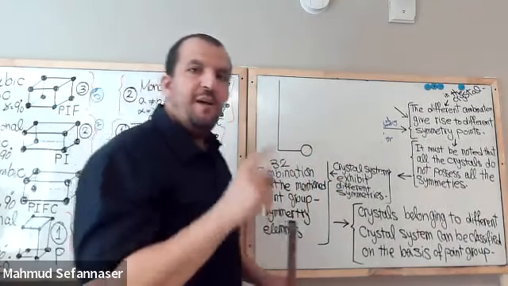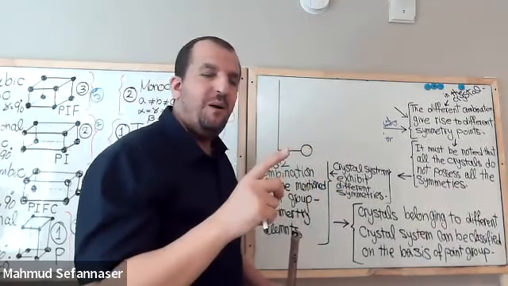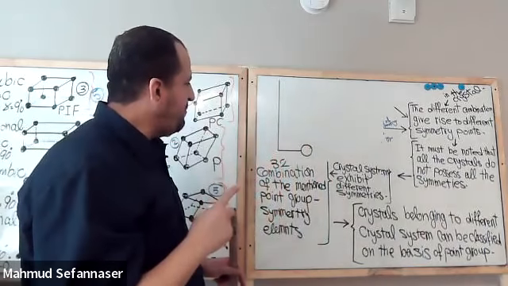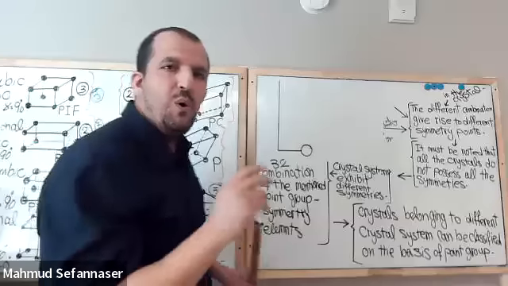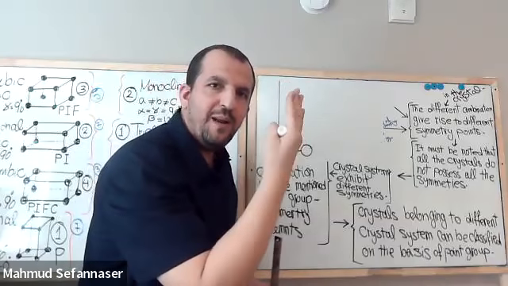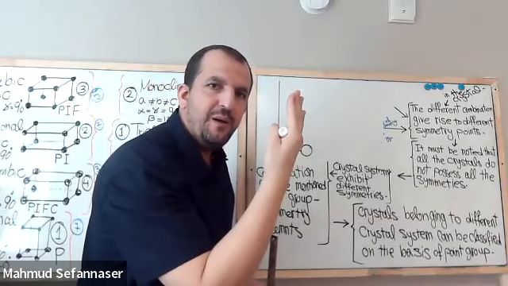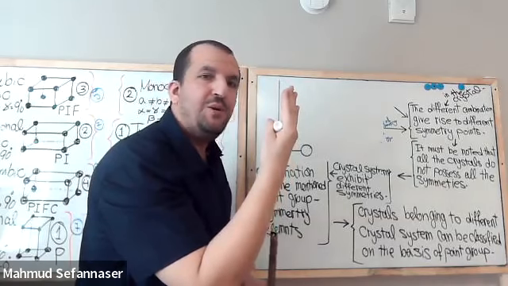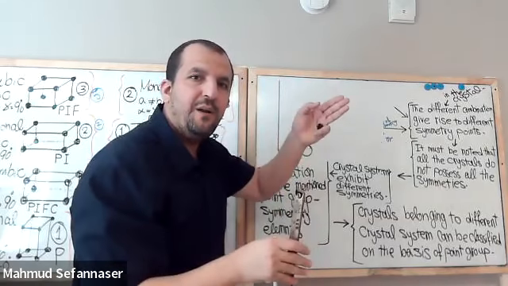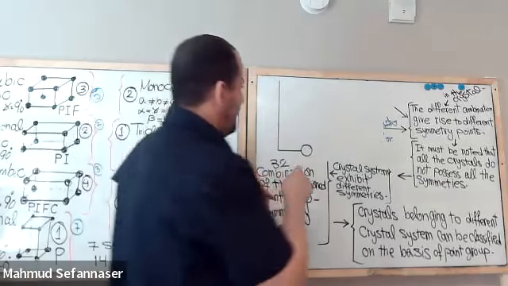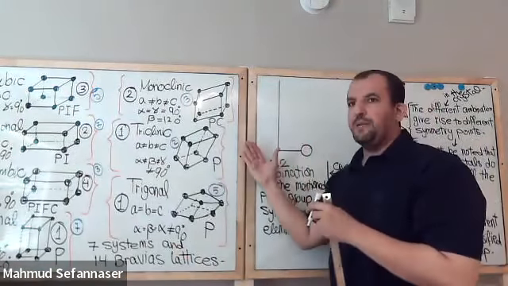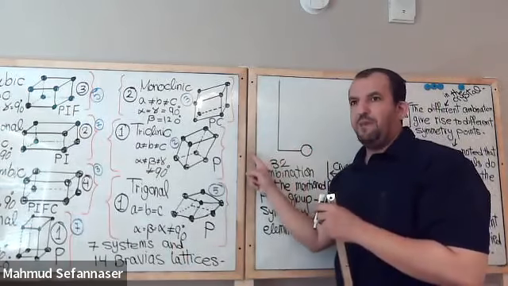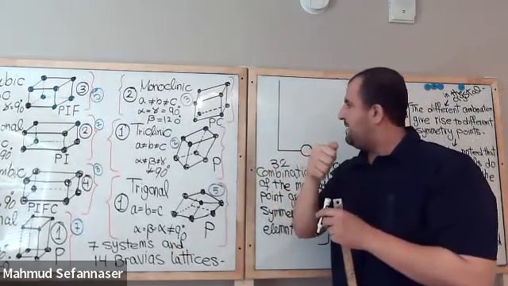So if I do rotation 180 degrees and then do reflection, so I will do rotation 180 degrees, so this atom will be here, and we know that.